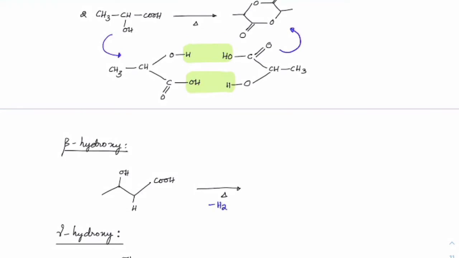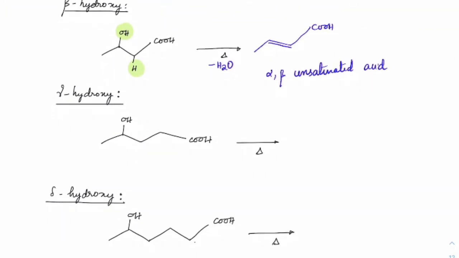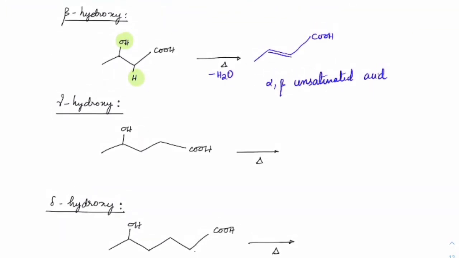Minus H2O, where this H and OH will be removed, to get double bond COOH. So we'll get an alpha beta unsaturated acid. That is with the beta hydroxy group.